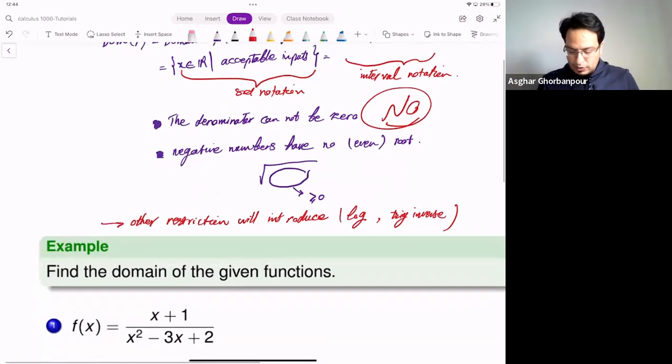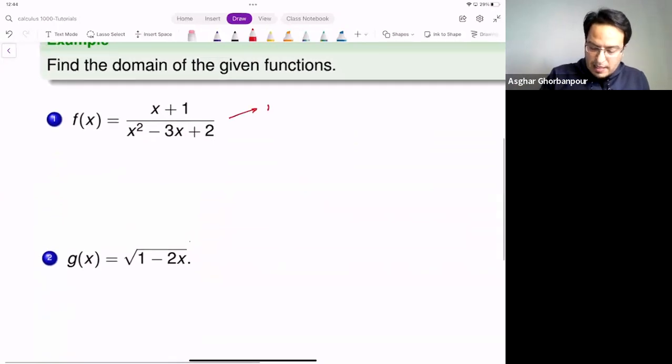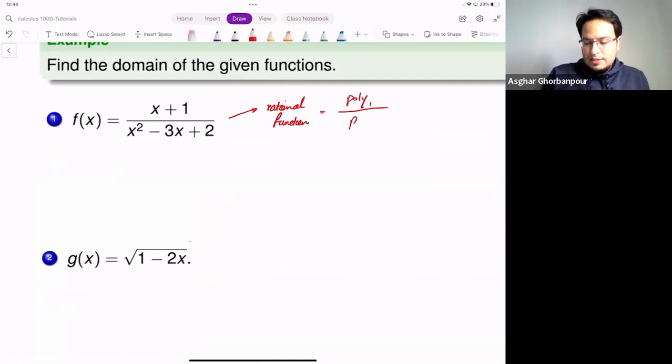Okay, so back to the work. We have rational functions. A rational function is when you have a polynomial divided by another polynomial.